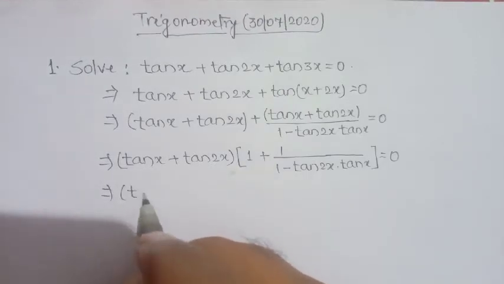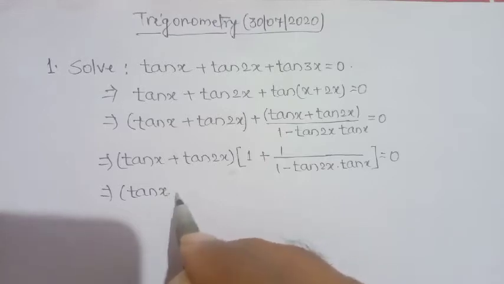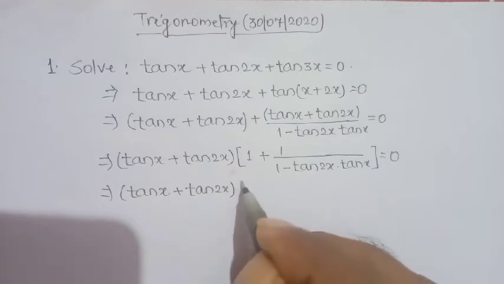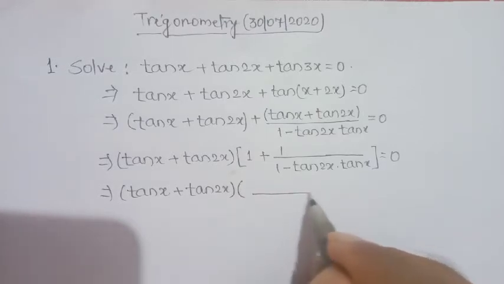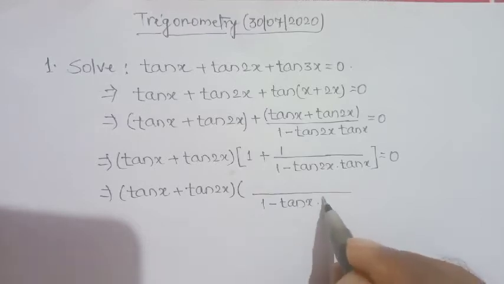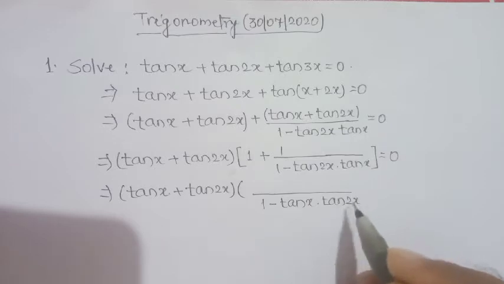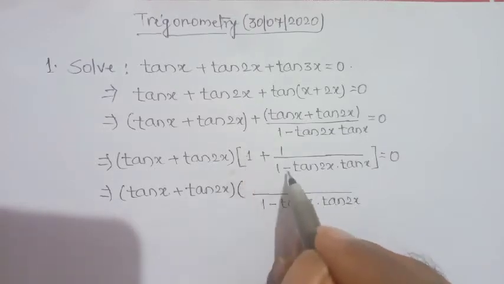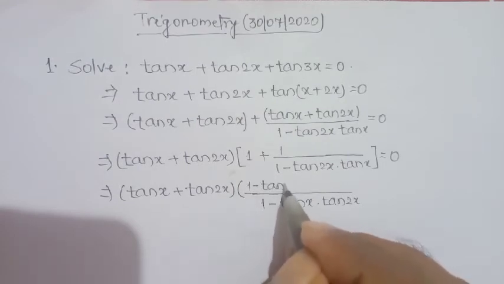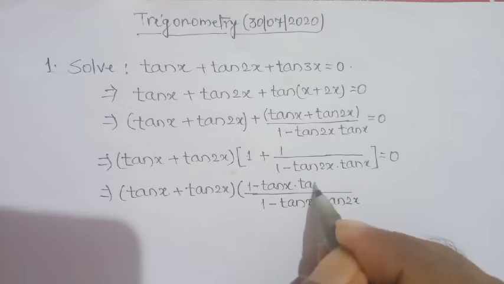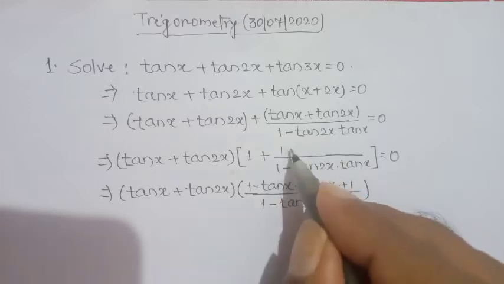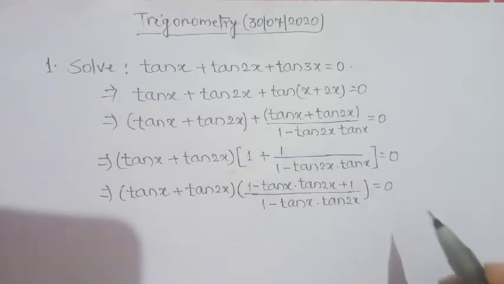It should be written as tan x plus tan 2x into 1 minus tan x into tan 2x as LCM, and the numerator will be first multiplied by 1, means this is again 1 minus tan x into tan 2x plus 1. That numerator is equal to 0.